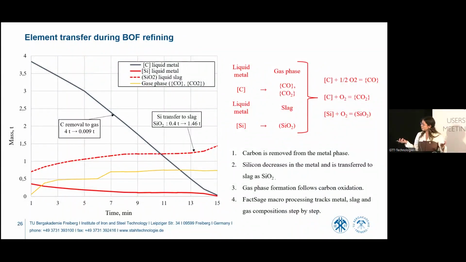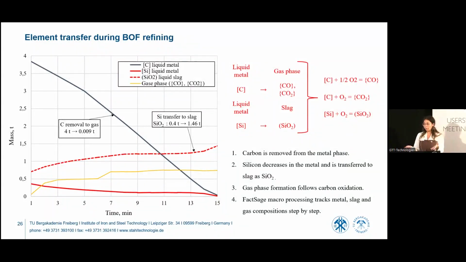This slide shows the mass transfer during the process. Here I selected carbon, silicon oxide, and gas phases. The carbon in the liquid metal decreases strongly. It goes from about 4 tons to almost 0. This represents decarburization during oxygen blowing.